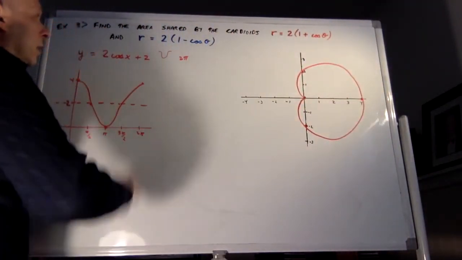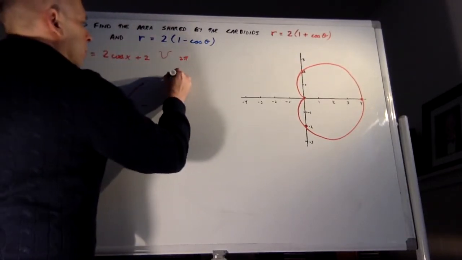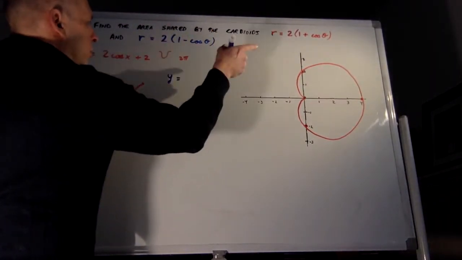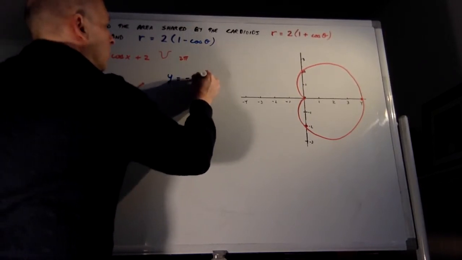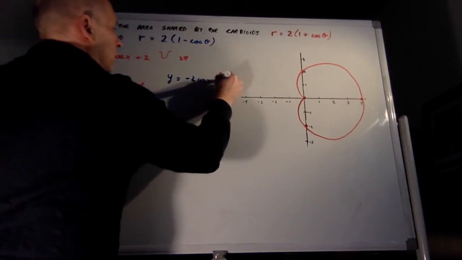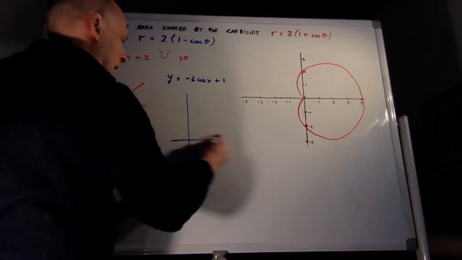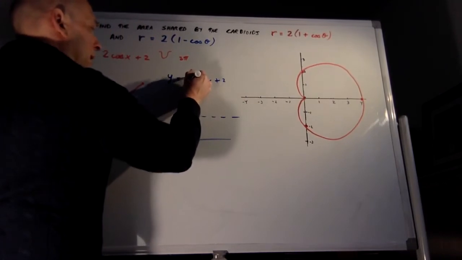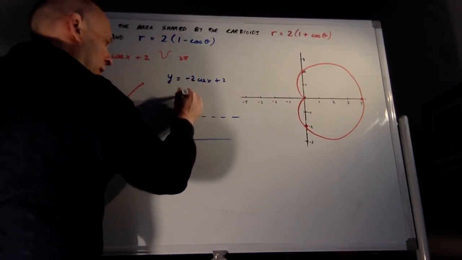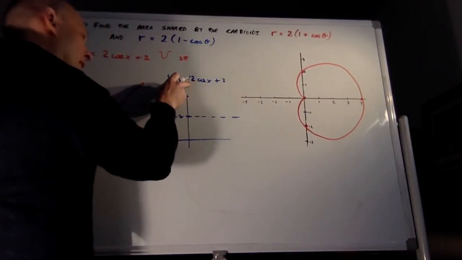Now let's take a look at this one. And that would be what? y equals 2 minus 2 cosine x, so we'll say minus 2 cosine x plus 2. So this also has a midline at y equals 2. It also has an amplitude of 2. So it's going to go up to 4 and down to 0. However, its a value is negative.